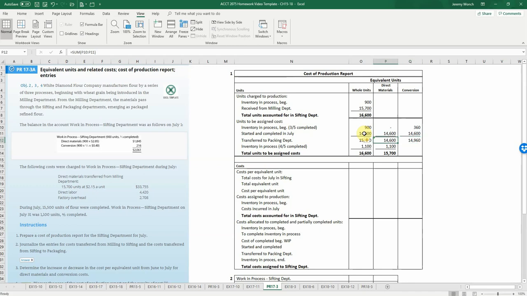And so we have transferred to the packing department of 14,960. Now for the ending inventory in process, we had a total of 1,100, but they were only 4/5 complete, so that's going to be 880. Add those up, and we need to assign cost to 15,840 units related to conversion.